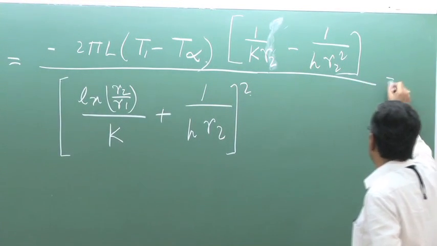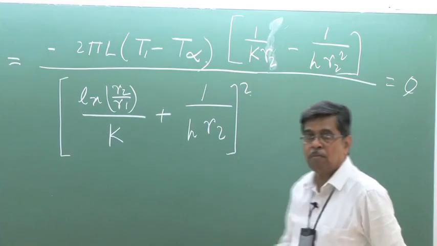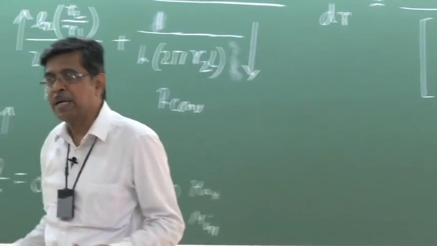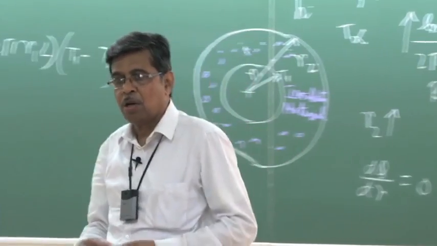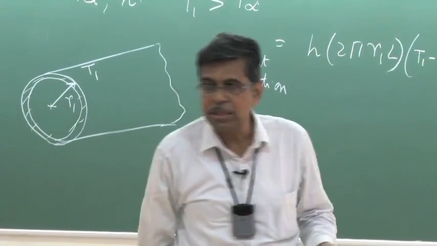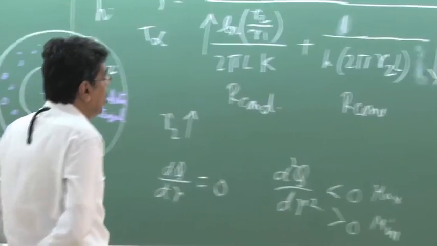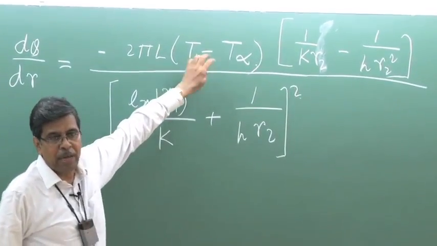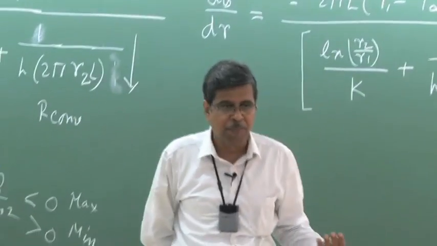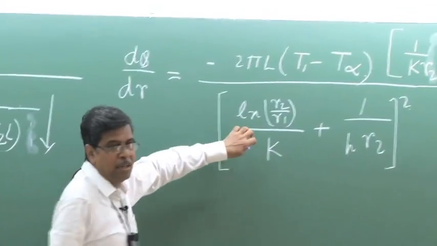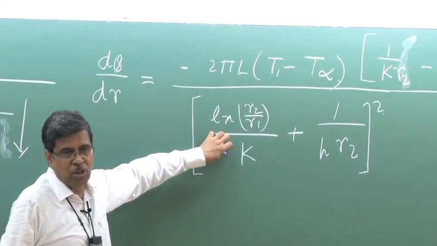Now this is set to 0. Mathematics at a certain stage becomes only logic, not much of operations. When all operations are done, then logic remains. So what is the logic? This cannot be 0, T1 cannot be T infinity, the problem is not defined. This cannot be infinity, the problem is not posed.